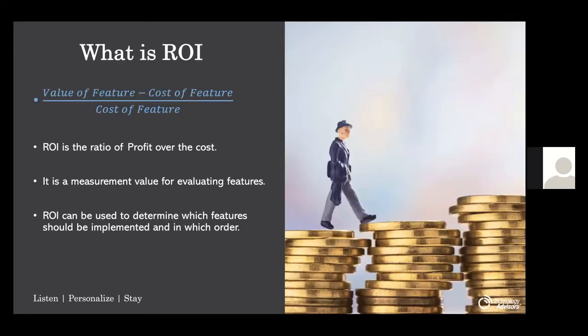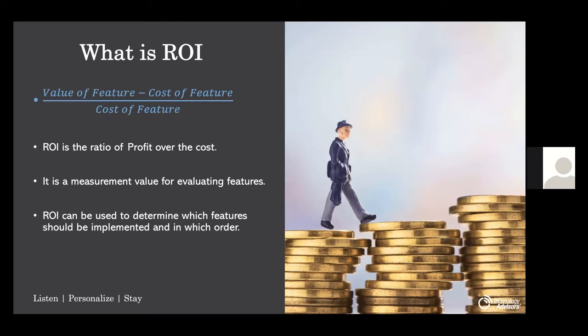So what is ROI? Actually, it's a quite simple formula. It's the value of the feature minus the cost of the feature over the cost of the feature, which creates a ratio between profit over cost. And obviously, the things with the highest ROI, which by the way, ROI is return on investment, I should point out, are the most valuable things you can do.